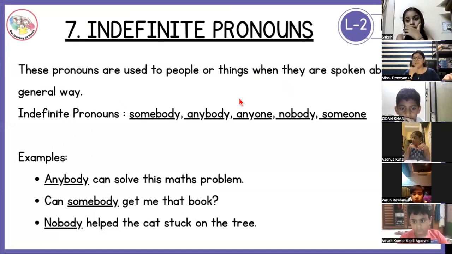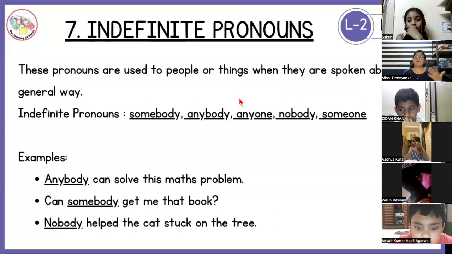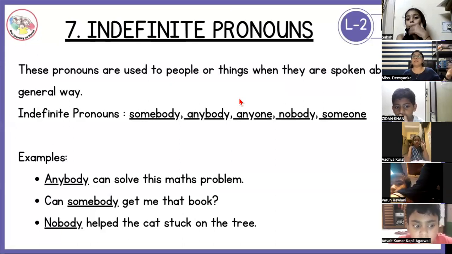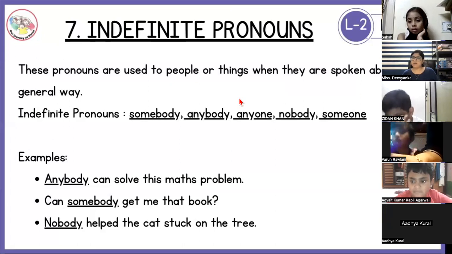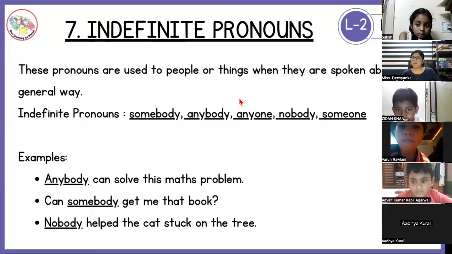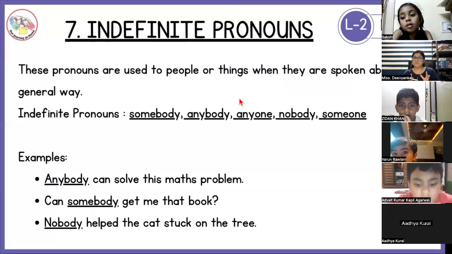Yes, I want to visit SGS mall on Sunday. So I mentioned where I want to go, when I want to go. But if I'm just saying I would like to visit a mall someday, then is that a specific place or specific time that I've mentioned? No, I just said someday. So it is not specific.